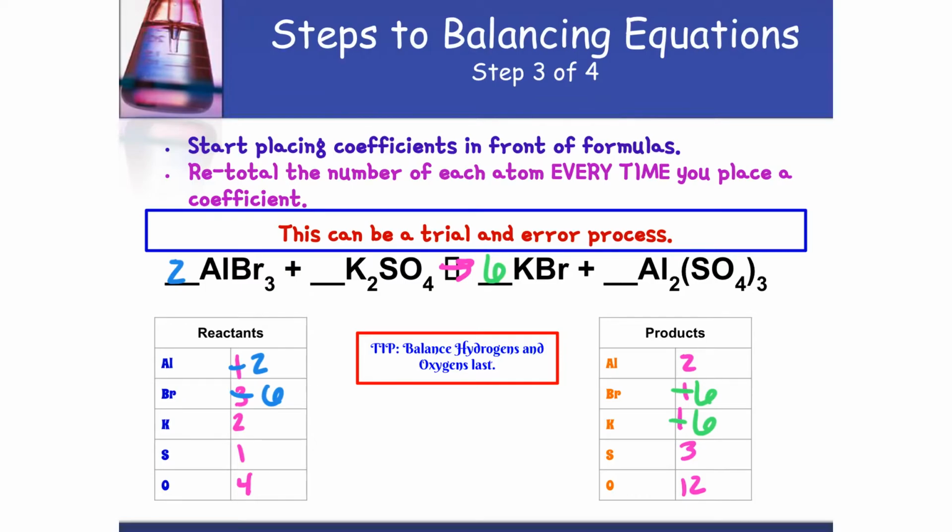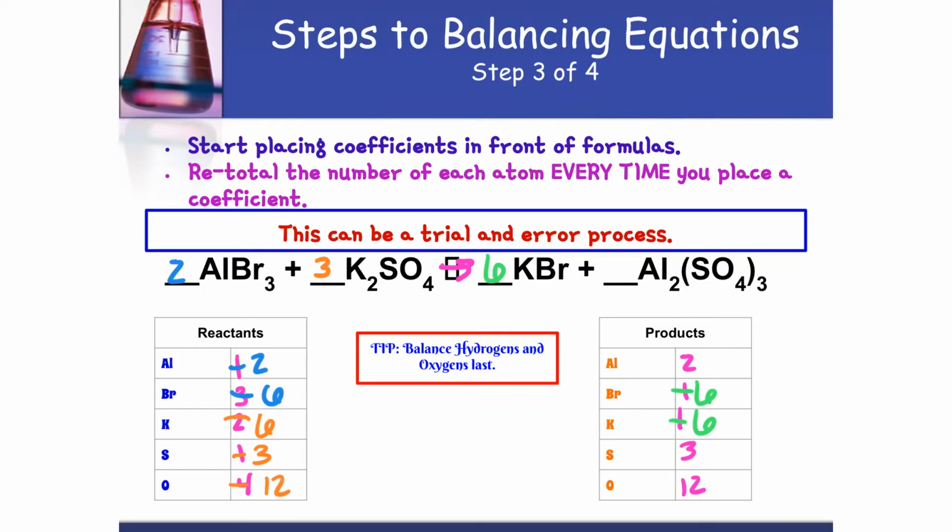Next, I'm going to try to balance my potassiums. So I have 6 on the product, but only 2 on the reactants. So I'm going to do that by placing a 3 in front of my potassium sulfate. And when I did that, my number of potassiums changed to 6, my number of sulfurs changed to 3, and my number of oxygens changed to 12.